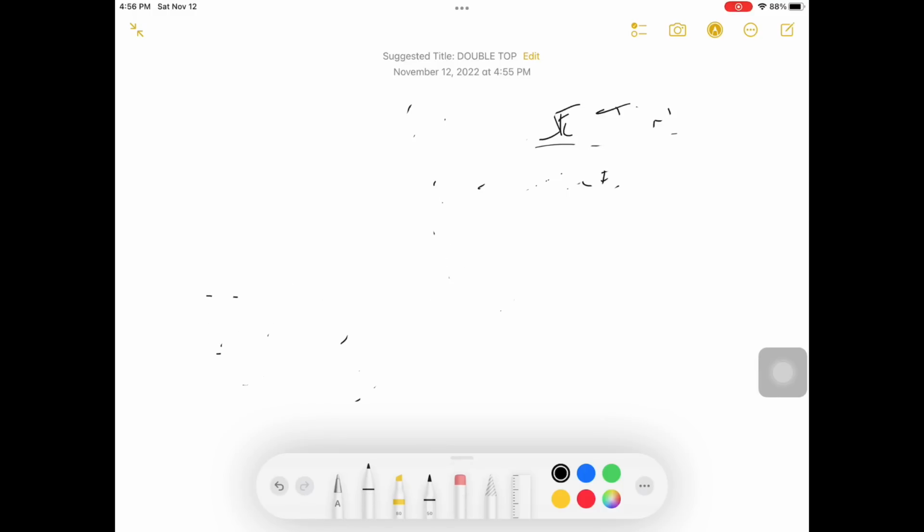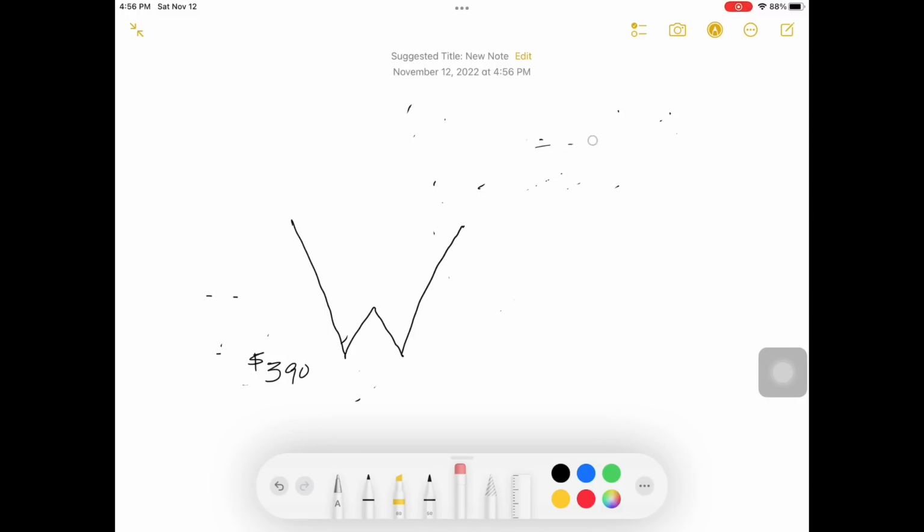A double bottom may be a stock comes down, comes up, comes down, and comes up. Now let's put our bottom, say this is 390 right here, and the stock was sitting up here at, say, 397.